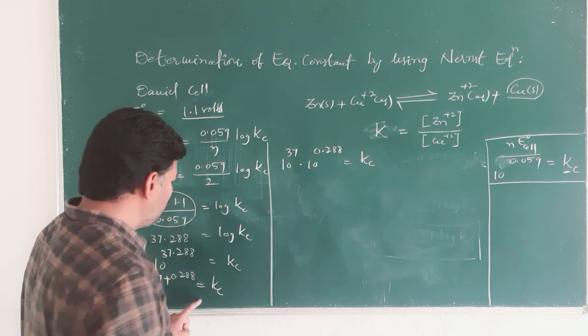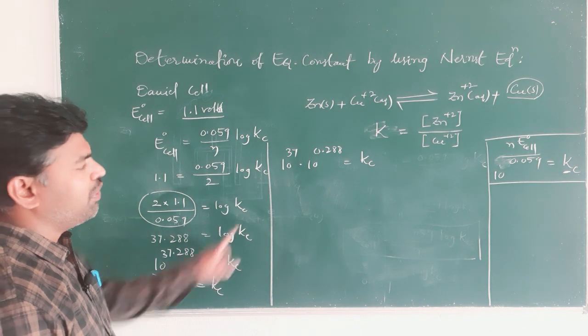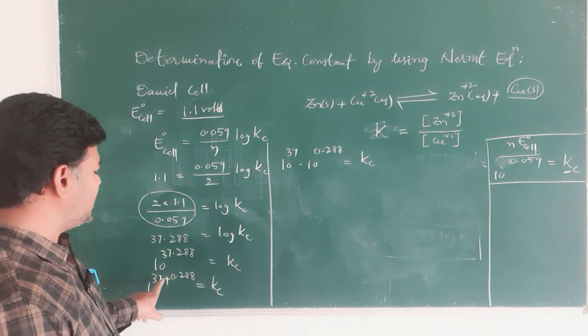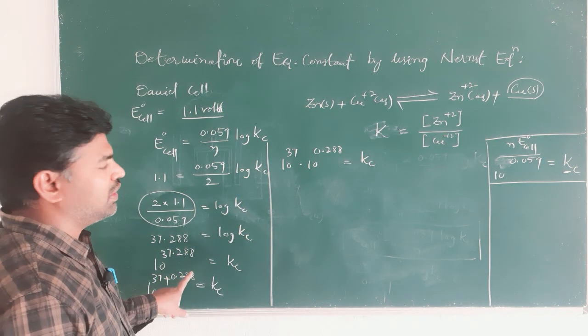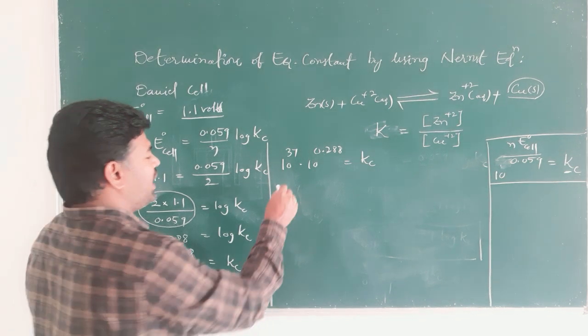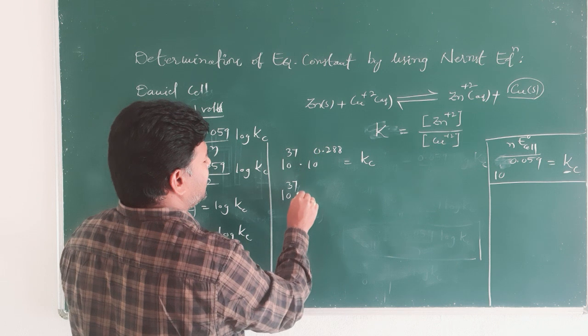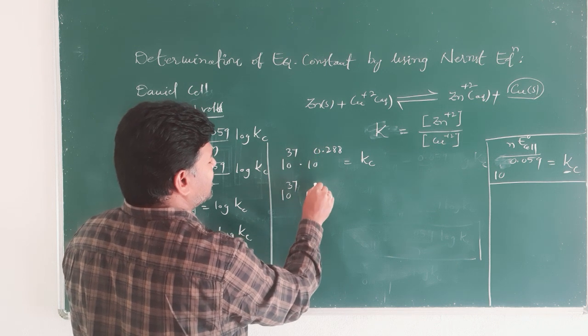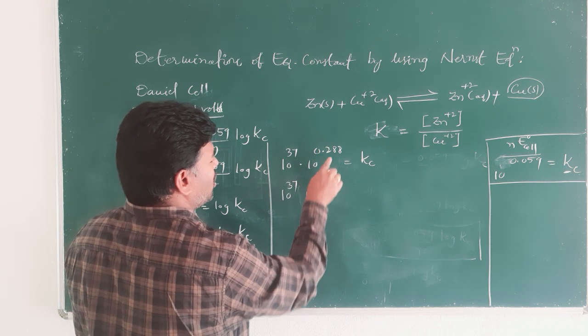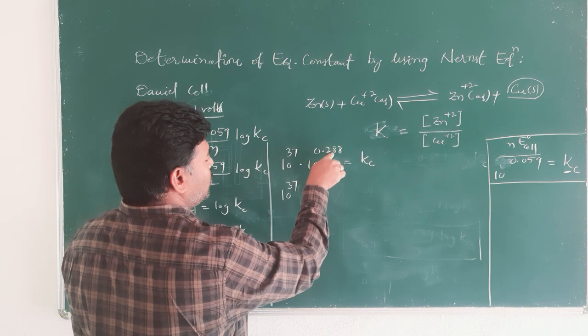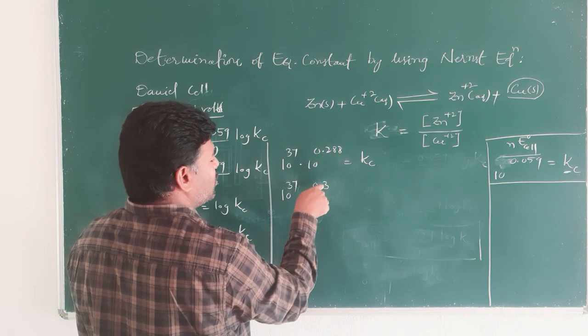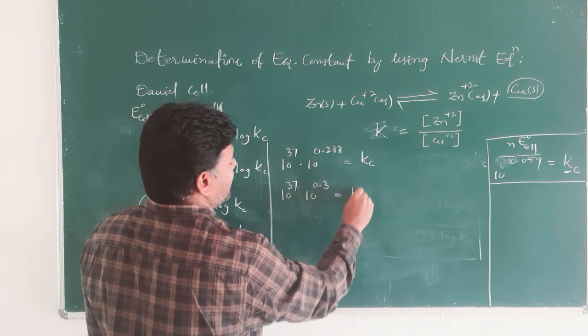From logarithmic rules we can apply this to 37 and 0.288. This 0.288 can be taken as 0.3.